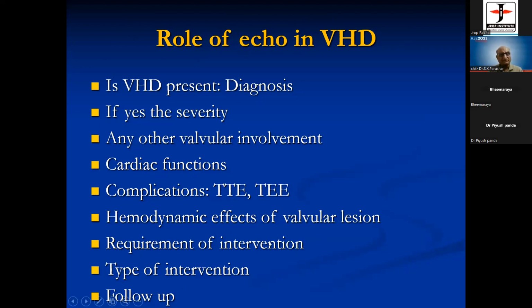So this is the basic role of echo in valvular heart disease, right from diagnosis, severity, multivalvular involvement or not, cardiac functions, any apparent complications, the effects of the valvular lesion on other parts of the body, then intervention and its type.